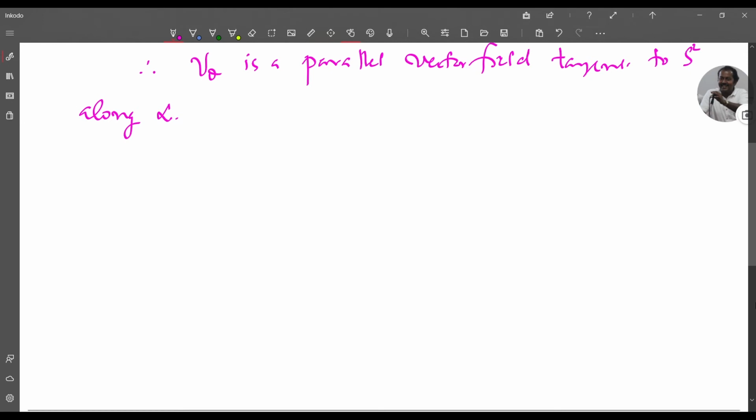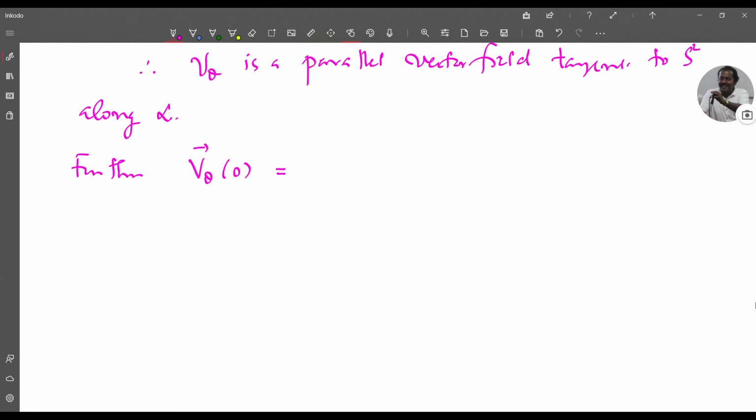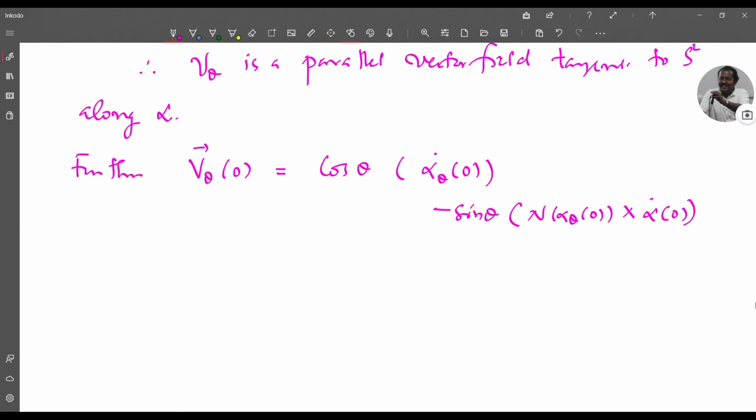Further, v theta of 0 is actually the vector cos theta into alpha theta dot of 0 minus sin theta into n of alpha theta of 0 cross alpha dot of 0. So this is equal to cos theta into, you already know that alpha theta dot of t is cos theta cos t, sin theta cos t, minus sin t.